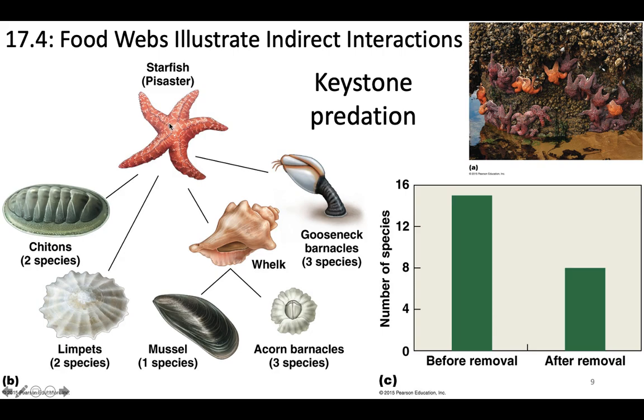So the starfish actually increases the diversity by keeping the populations of its prey items low enough that they don't outcompete each other. You remove the starfish, then you maybe get a boost in gooseneck barnacles, and then they outcompete whelks and limpets, so you see a decline in these species. So that's how keystone predation works.